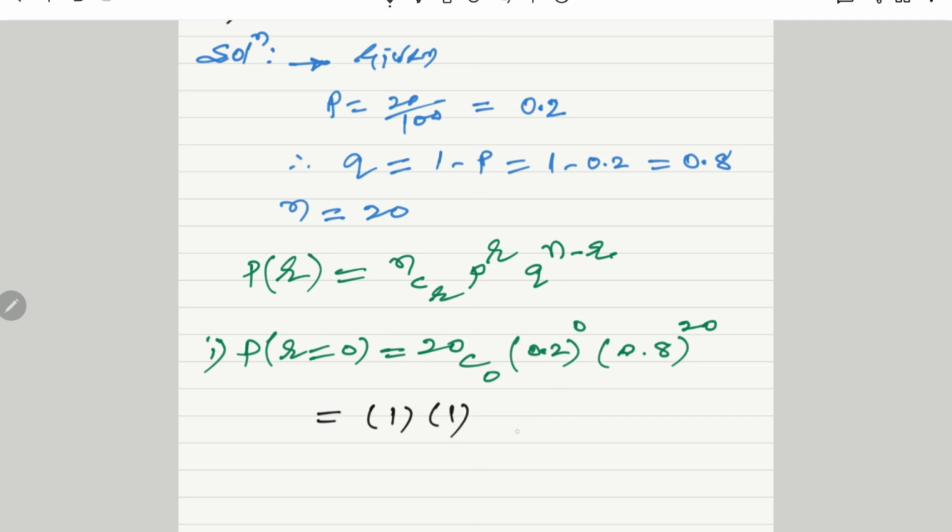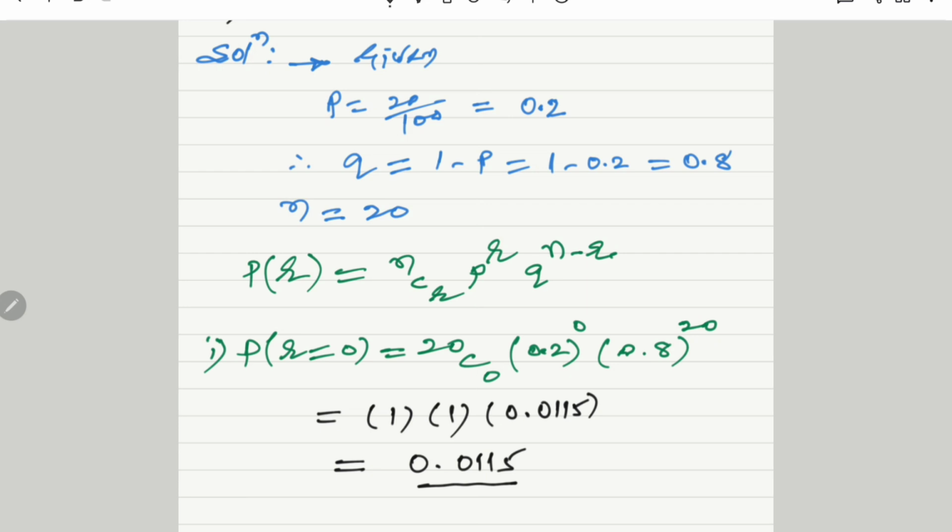Any number raised to 0 is 1. And 0.8 raised to 20 is 0.0115. If we take a multiplication of all this, we get that probability as 0.0115. This is the required probability when none screw is defective.